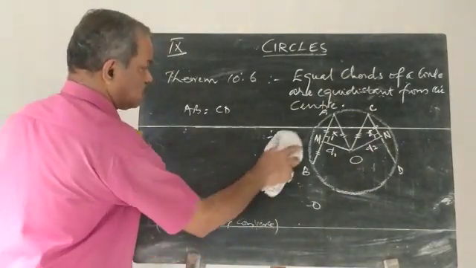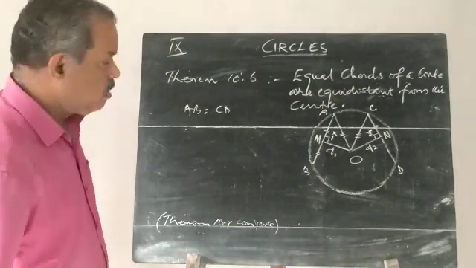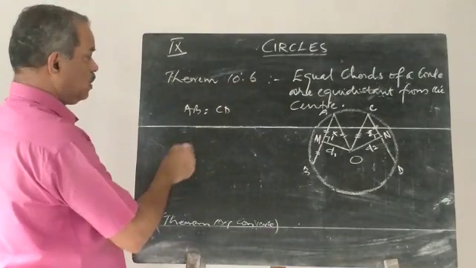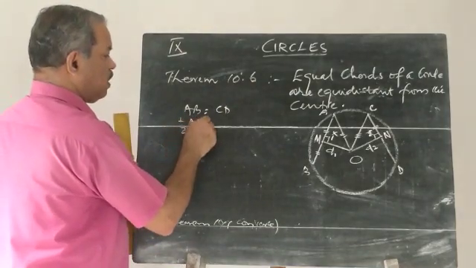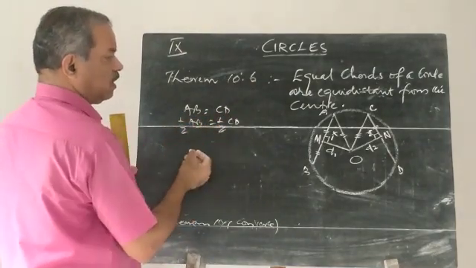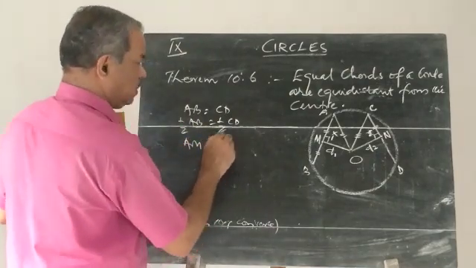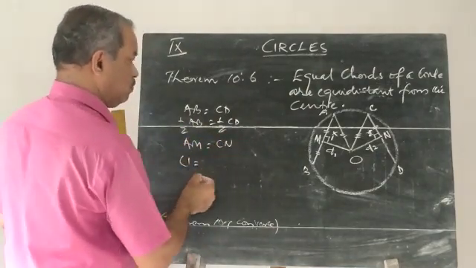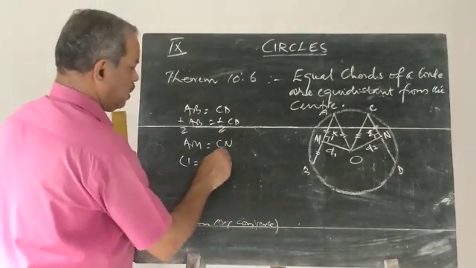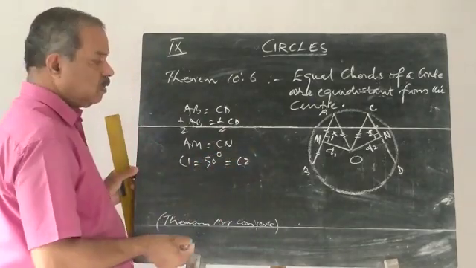To summarize the proof: AB equal to CD, so half AB equal to half CD, that is AM equal to CN. Angle 1 equal to 90 degrees equal to angle 2.